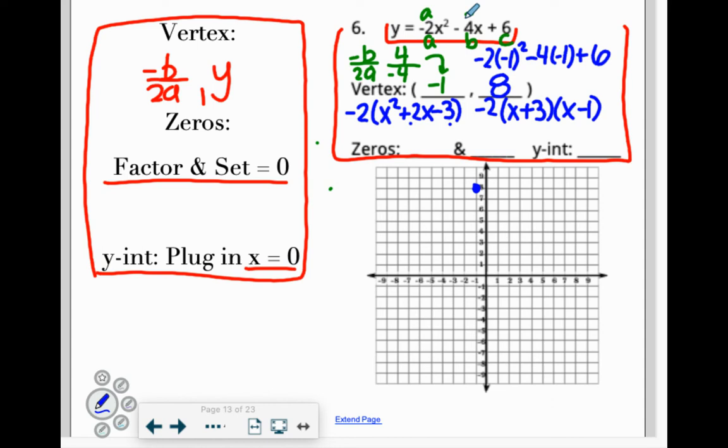And my zeros are whatever makes them equal 0. So if I want x plus 3 to equal 0, I would subtract the 3. So negative 3 is one of my zeros. And if I wanted x minus 1 to equal 0, I would add the 1. And 1 would be one of my zeros.